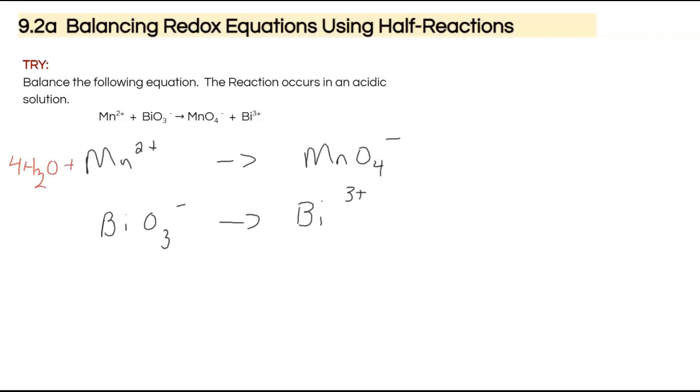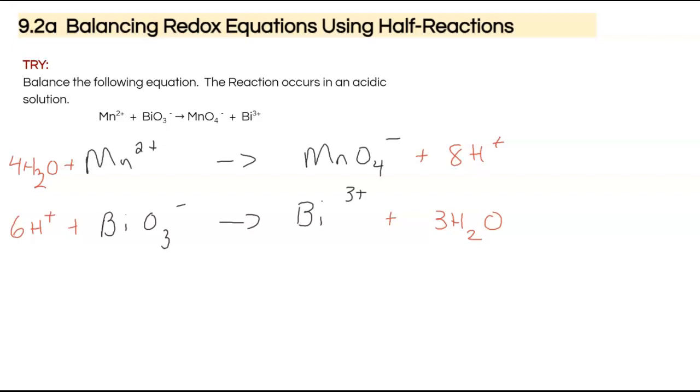That creates another problem because I've added some hydrogen, so I'm going to balance the hydrogens out by adding hydrogen ions to the opposite side of the reaction. Hence the name acidic conditions, right? We have that hydrogen ion which contributes to the pH of the solution. Now I'm going to do the same thing to the second half reaction by adding 3 waters to the product side, and then I need to add 6 hydrogen ions to the reactant side.